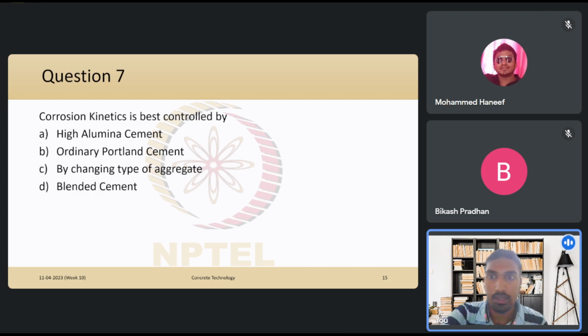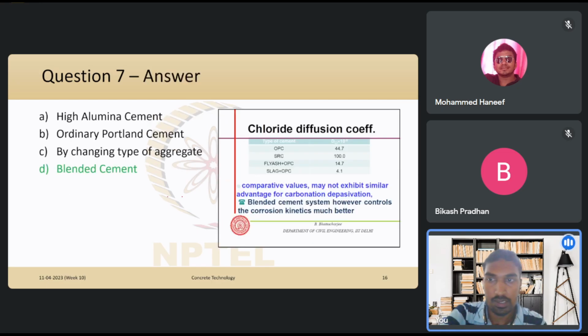Okay, so we have one vote for A and for D. The right option is D, use of blended cement.